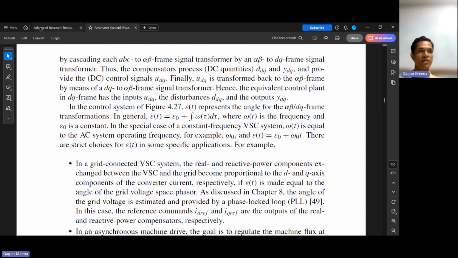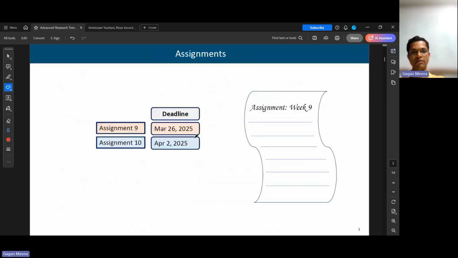You can refer to this book again for the DQ frame. The DQ frame of reference is very important because it makes our job very easy. We are able to use conventional PI controllers. Otherwise, if you work with the sinusoidal quantities for individual A, B, C phases, then we need to work with proportional resonant controllers, the PR controllers.